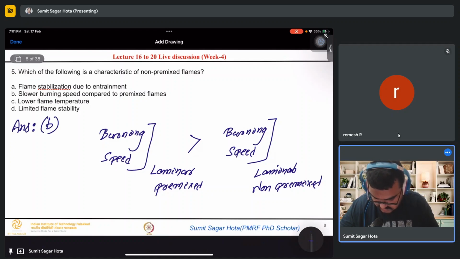The non-premixed flame has a slower burning speed compared to the premixed.